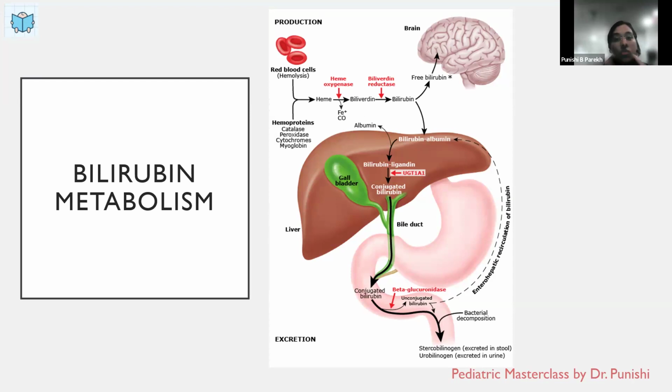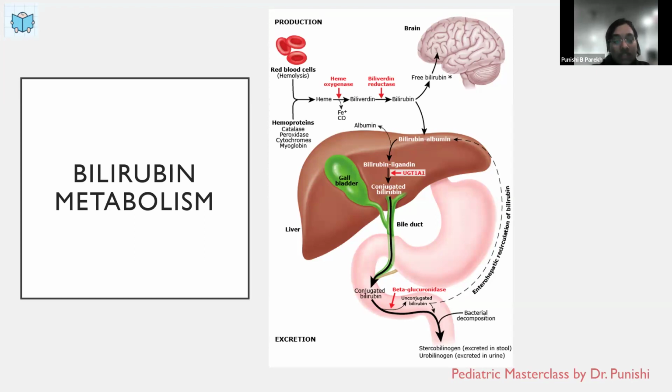When I say enterohepatic, the bilirubin, which is now converted back into unconjugated in the gut, goes back into the liver for the process of conjugation again. So a part of the bilirubin gets back and enters the gut and goes back. That's what is referred to as enterohepatic circulation.